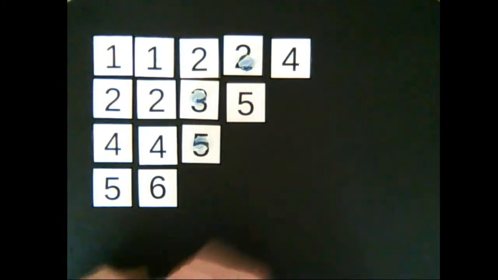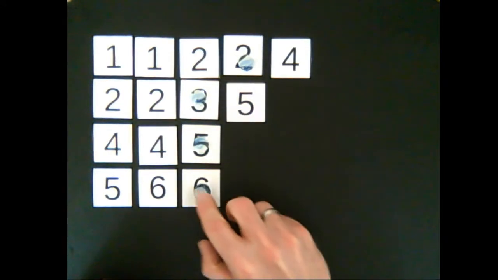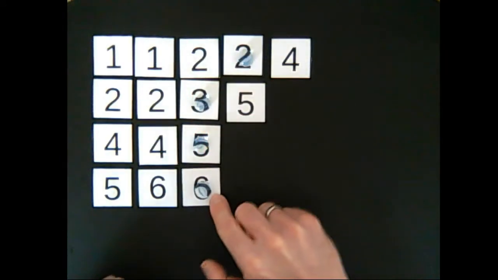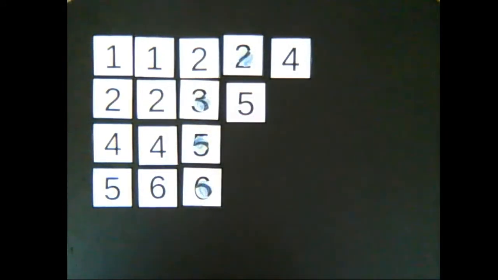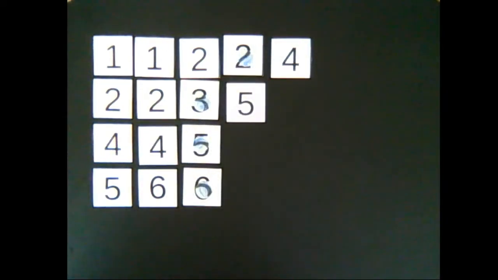And the 6 is added to the last row. So what's marked here with these marbles, that's the bumping path down here. Now let's try and bump in something that's larger than what we bumped in before.